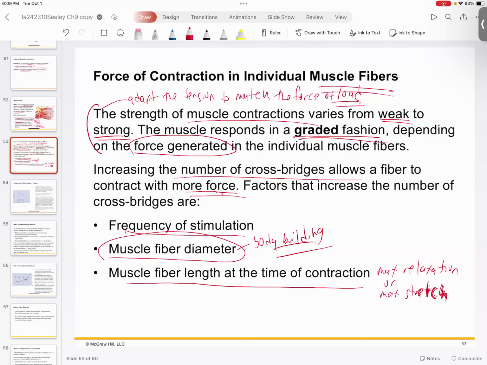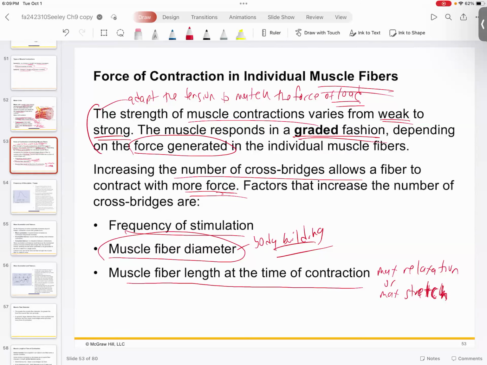So if your sarcomeres are not maximally stretched out and distended to give you that maximum amount, then you're not going to contract fully. If you only stretch out a little bit, you're only going to contract that little bit, right? So if you get maximum stretch followed by maximum contraction followed by maximum stretch again, that's going to give you maximum force. So that's basically what you're doing when you're stretching out your muscles, among other things. You're getting the sarcomeres good and stretched out.